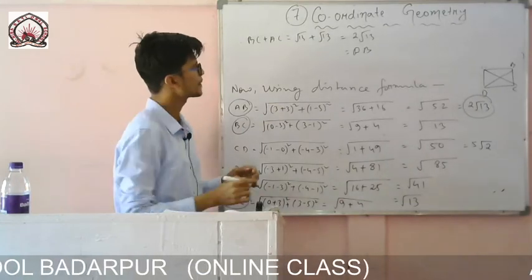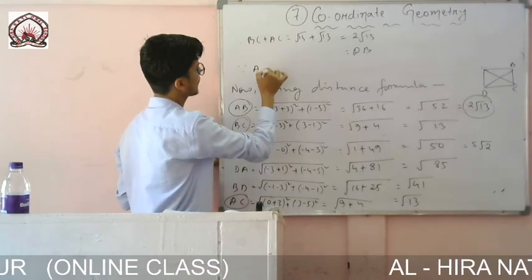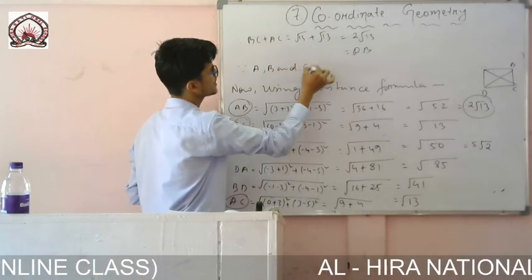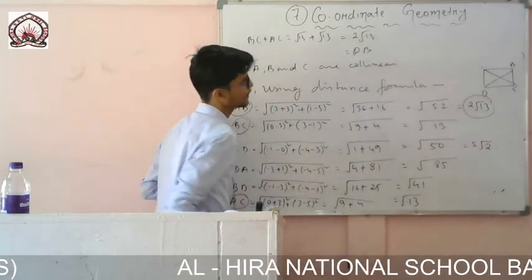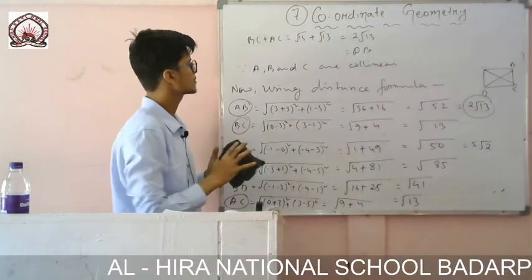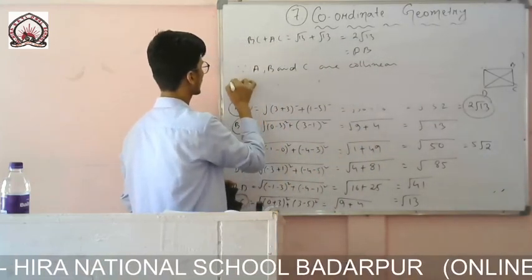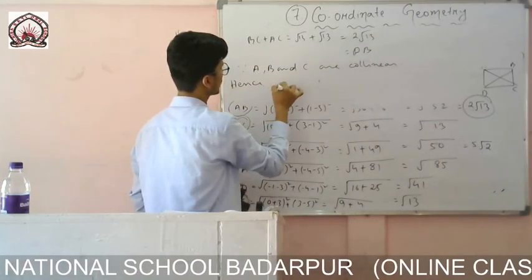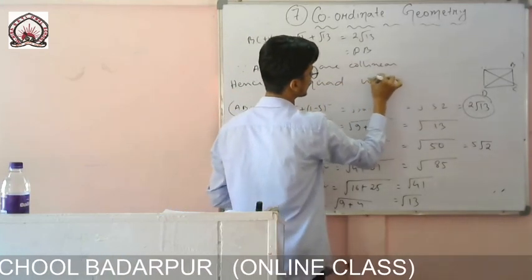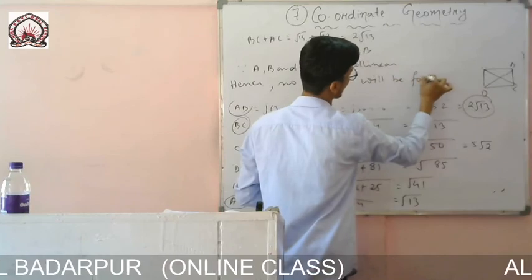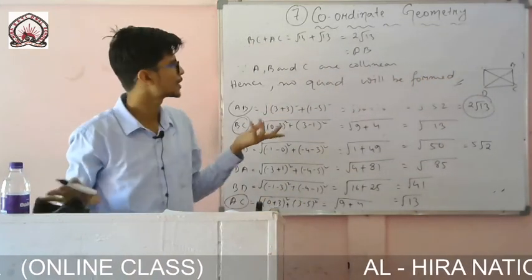So you can write, since A, B and C are collinear, hence no quadrilateral will be formed.